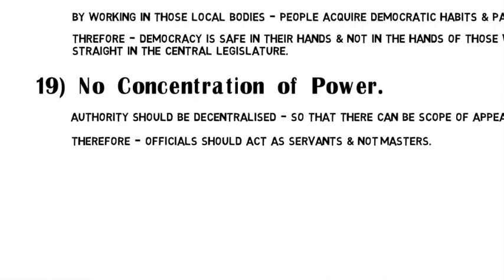They become masters when they get into power, and people who are supposed to be the kingmakers become poor people. And therefore we need to understand democracy cannot succeed if power is concentrated in one hand. And therefore no concentration of power is one of the most important conditions necessary for the successful working of democracy.